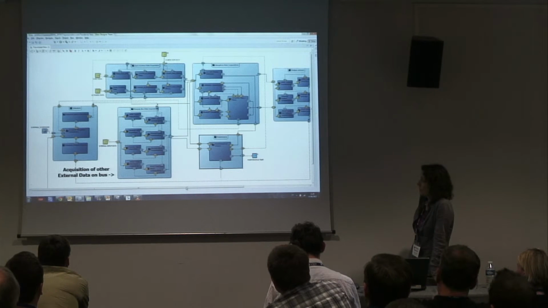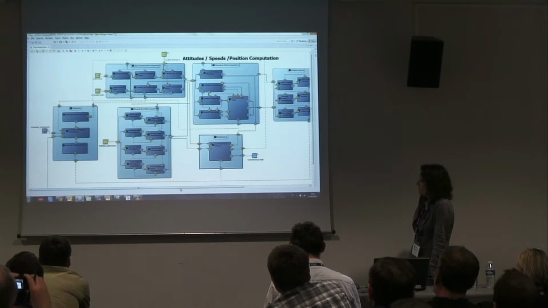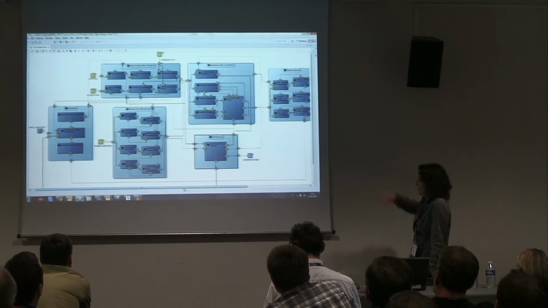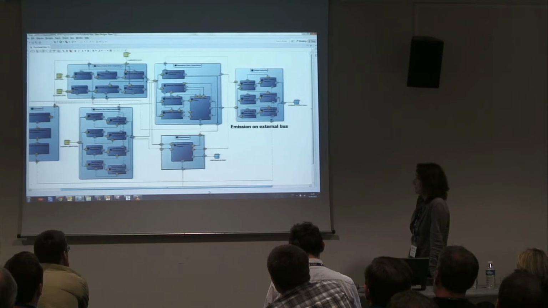And then, after a long while, we can create such a simplified navigation system. So you have the acquisition of inertial sensors, external bus, application scheduler. You have the maintenance part, the computation part, and then the output emission with all the different features implemented.